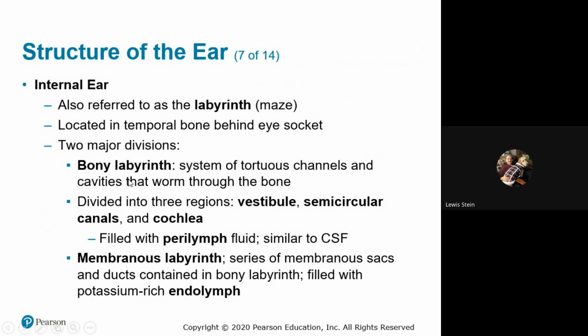So the bony labyrinth, tortuous channels. It has what we find is an entryway called a vestibule, the semicircular canals, and the cochlea. And they're all filled with a fluid that's a lot similar to cerebrospinal fluid called perilymph. You're going to see that as we get deeper into it. Then when we look, what really is the physiological basis has to do a lot with when we get into the membranous portion of this labyrinth, we see potassium-rich endolymph.